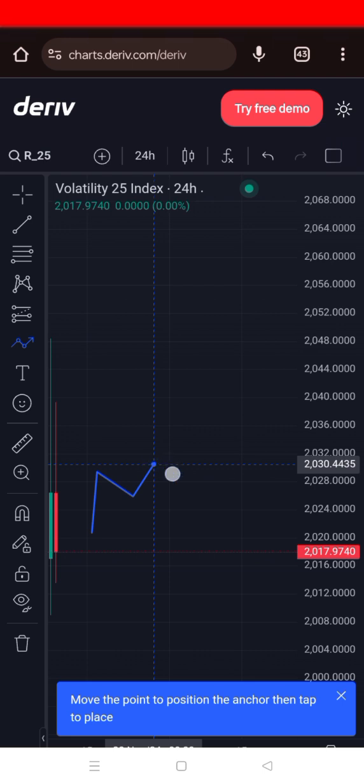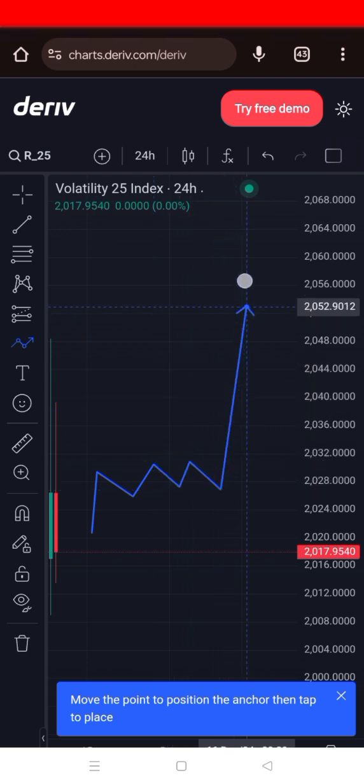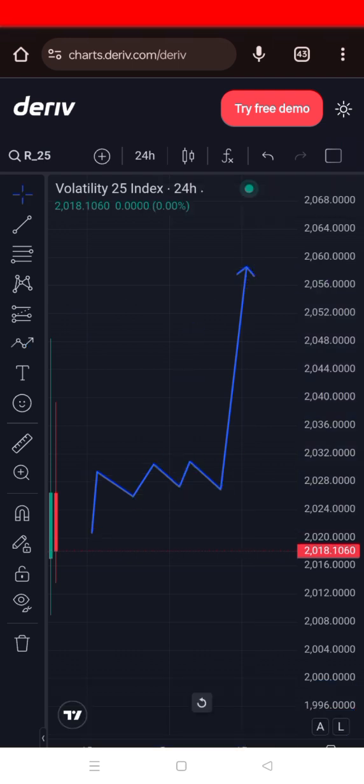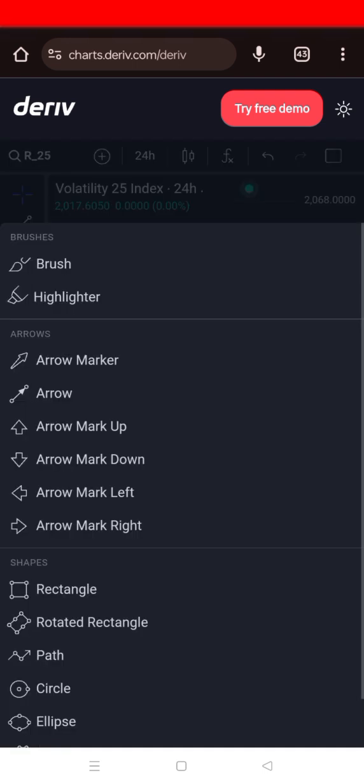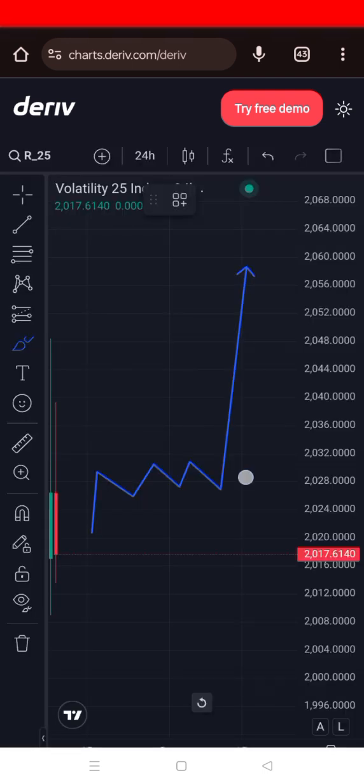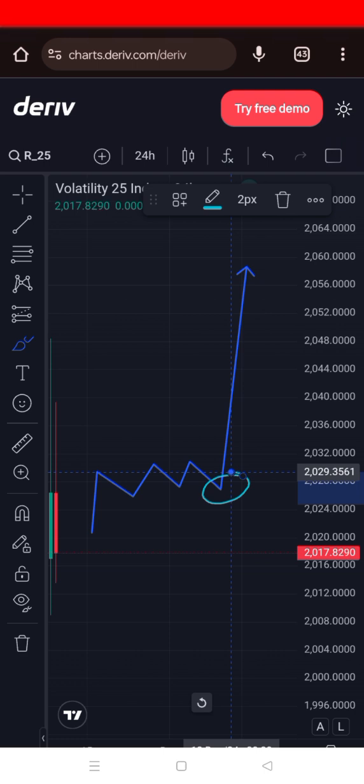The supply zone or the demand zone, let's start by drawing the demand zone. Make such kind of movement, then a spike. You understand? Whenever you see such kind of movement, it makes more movements and then a very big spike. You look at this point here.